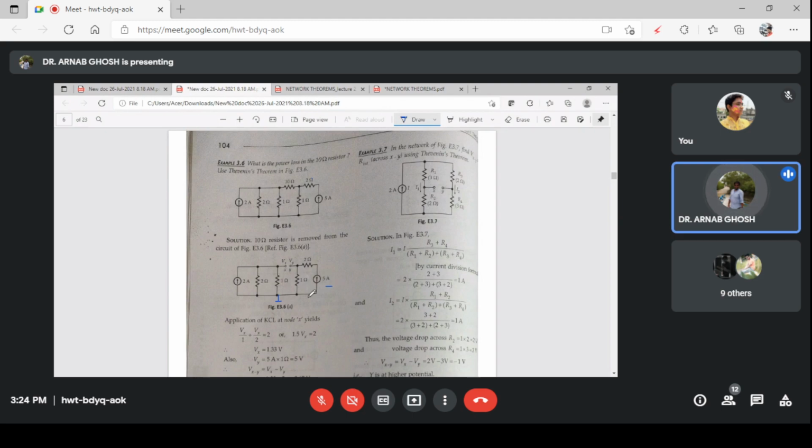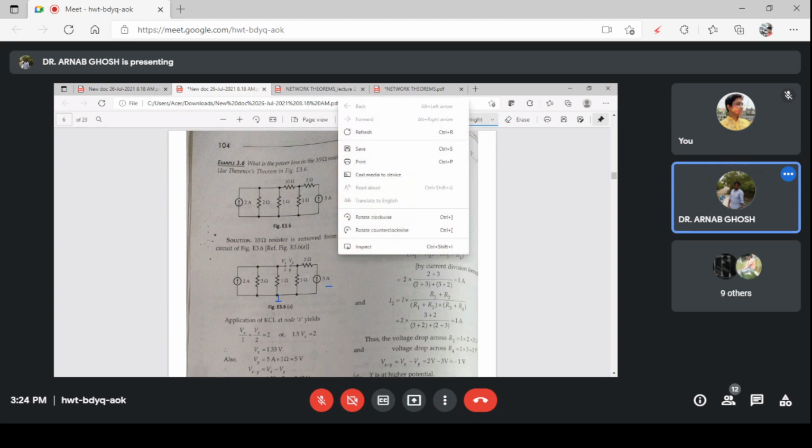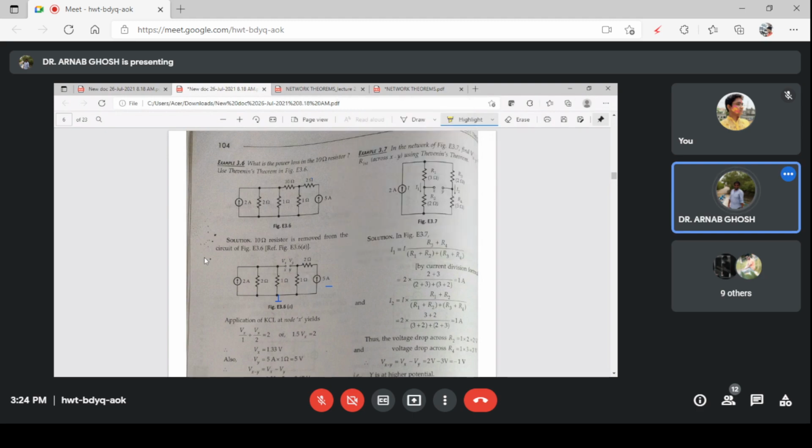Your equation for this part will become Vy minus 0 by 1 is equal to 5 ampere.